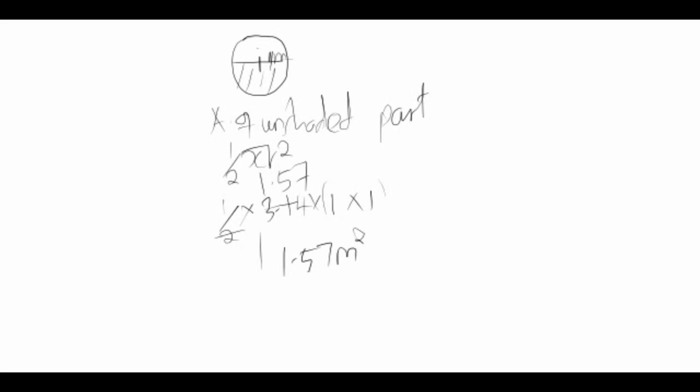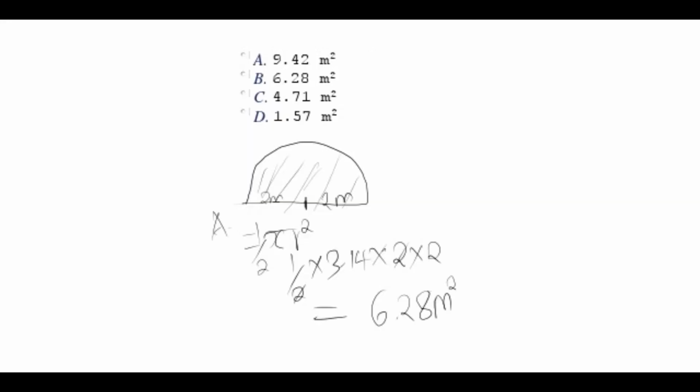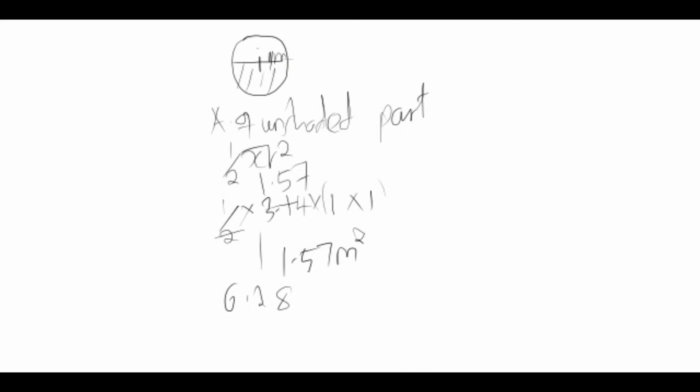We have the area of the whole semicircle, which is 6.28, and we know the unshaded. Since we want the area of the shaded part, we are going to remove the area of the unshaded. So we have 6.28 minus 1.57. 8 minus 7 is 1.